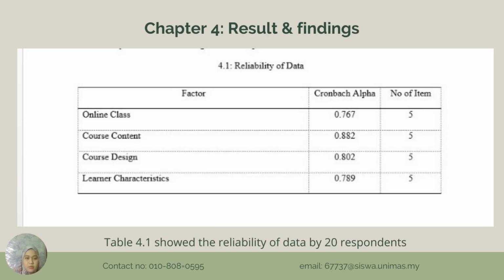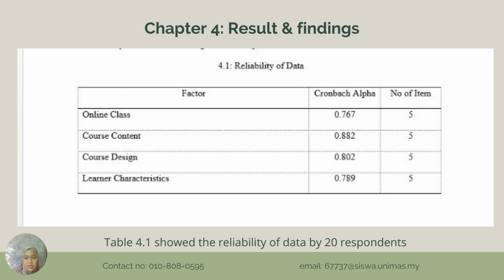I will continue with reliability of data. Table 4.1 shows the reliability of data by 20 respondents. Regarding the results displayed, all factors are acceptable. The results show the Cronbach's alpha for online class is 0.767, course content is 0.882, course design is 0.802, and learner characteristics is 0.789.